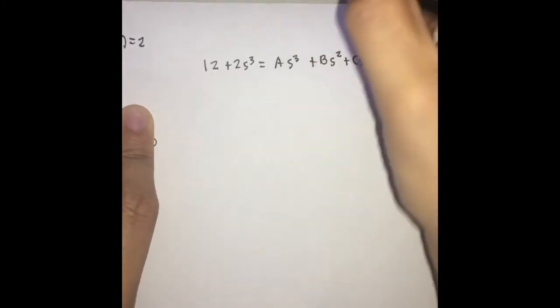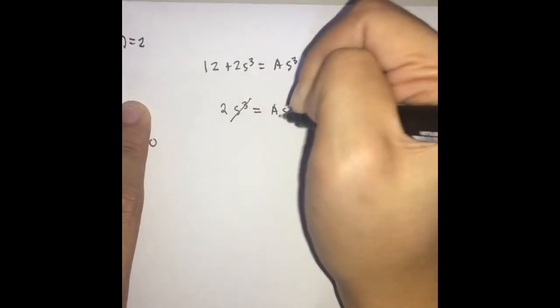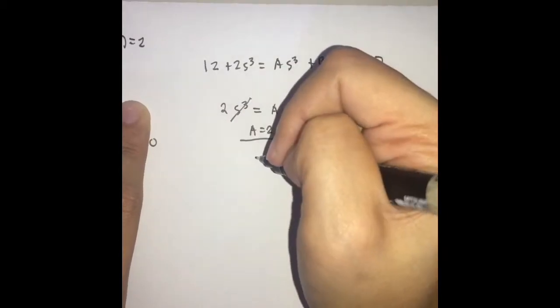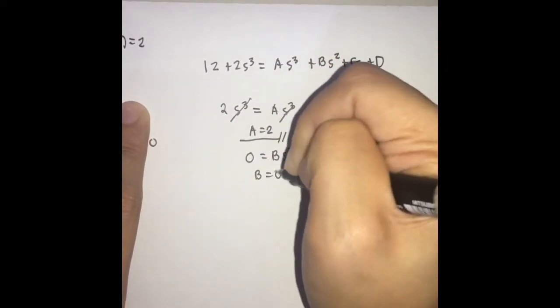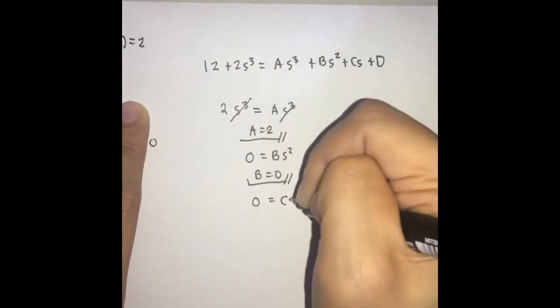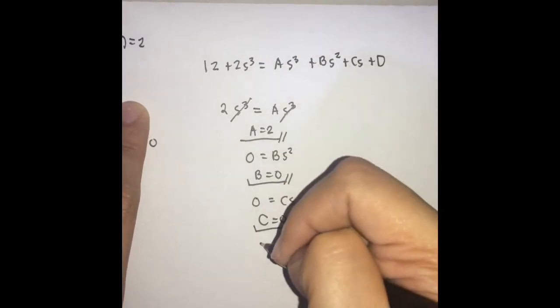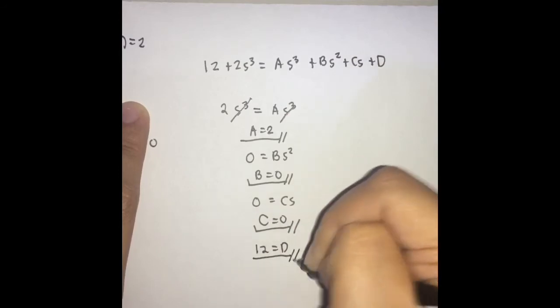After, we will get the values of a, b, c, and d. A equals 2, b equals 0, c equals 0, and lastly, d equals 12.